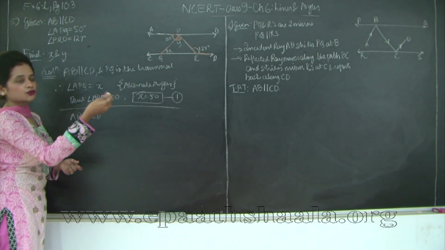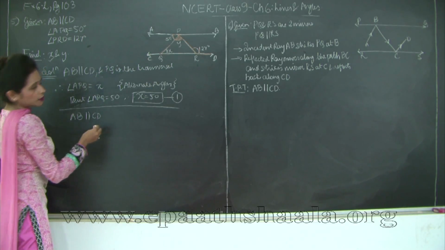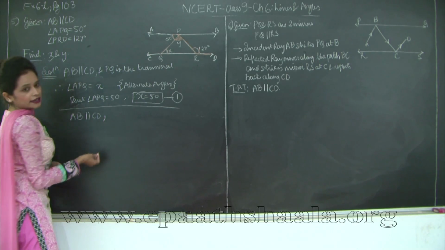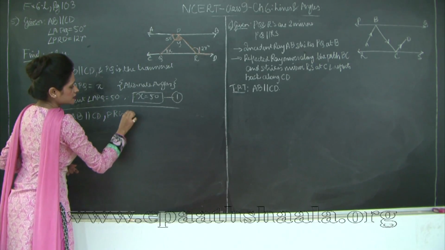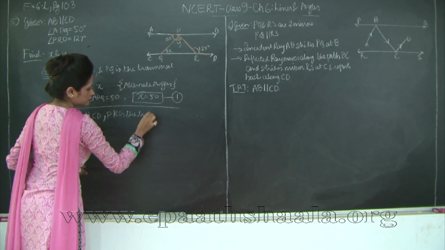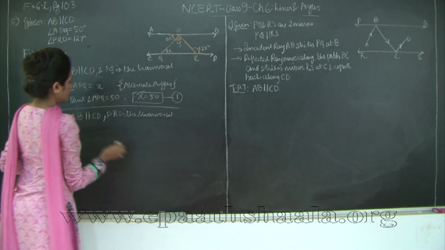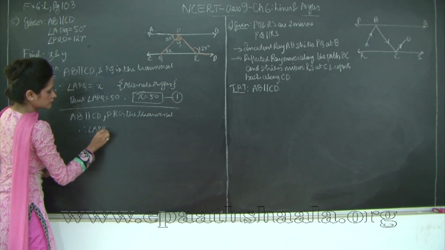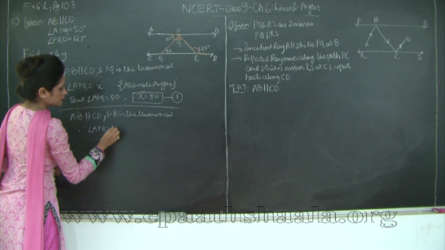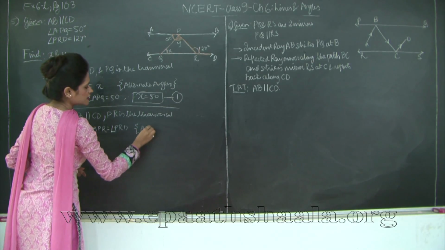Because we are considering 2 different transversals for finding the value of X and Y. That's why we mentioned the transversal. AB is parallel to CD and PR is the transversal. Therefore angle APR is equal to angle PRD, because they are alternate angles.